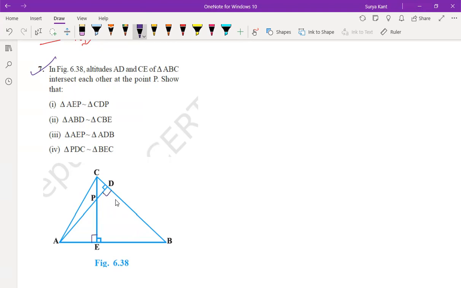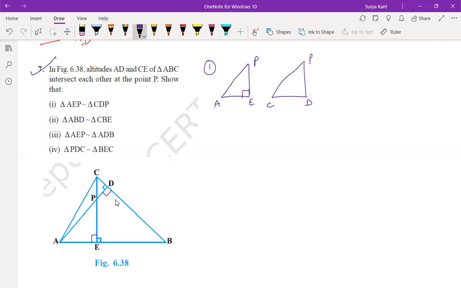Of triangle ABC intersecting each other at point P. If you want to do AEP, you draw this triangle over here and name it AEP. Same you copy here also and name it CDP. So what is given in the question here?